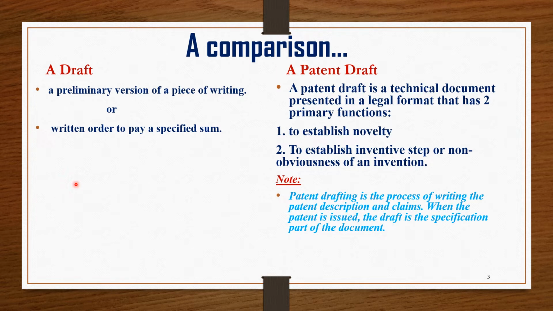When the patent is issued, the draft is the specification part of the document. So, whenever you try to understand the meaning of this statement that I have written in the note part, then your confusions will be clarified. So, just remember, patent drafting is the process of writing the patent description and claims. And when the patent is issued, the draft is the specification part of the document. So the comparison has been done. Let us proceed.